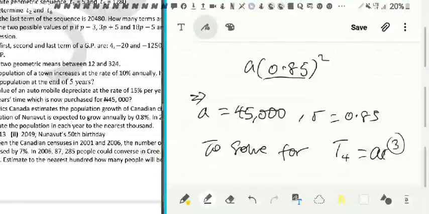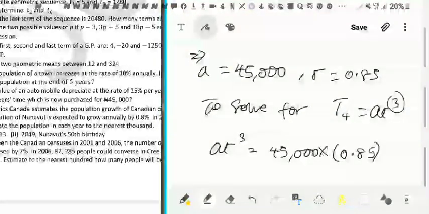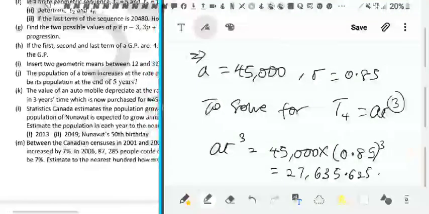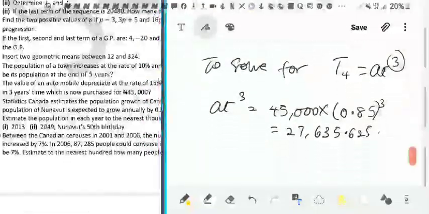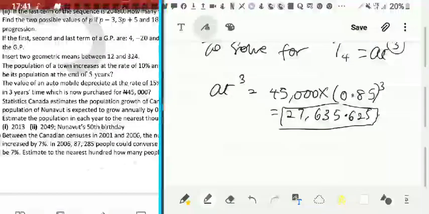If I used T3, I'd be having AR squared, so I'm using T4 to give me AR cubed. So AR cubed now equals 45,000 times 0.85 raised to the power of 3, giving me 27,635.625. So that's going to be the cost at the end of 3 years. The money would have depreciated from 45,000 naira to 27,635 naira at the end of 3 years. So that's the final answer.